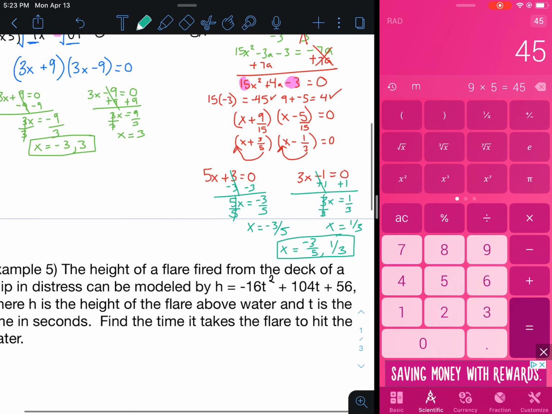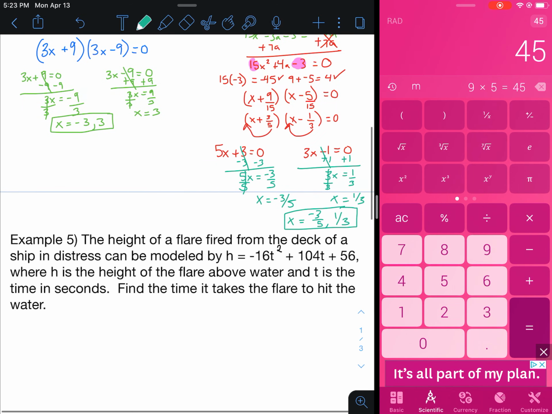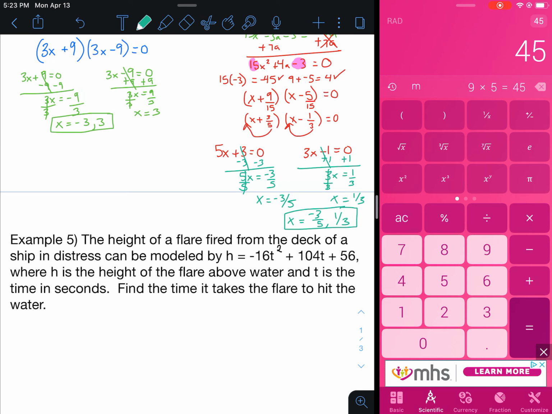Okay. So our last and final example says the height of a flare fired from the deck of a ship in distress can be modeled by h equals negative 16t squared plus 104t plus 56, where h is the height of the flare above water and t is the time in seconds. Find the time it takes the flare to hit the water.